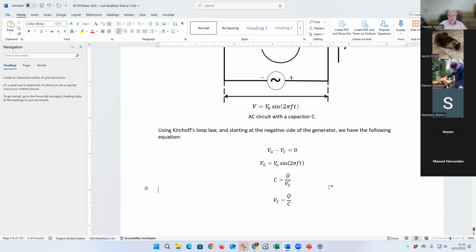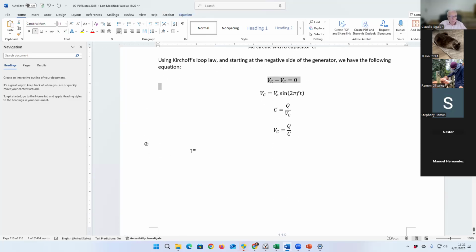Now substituting both equations into this other equation, we're going to get something like that.